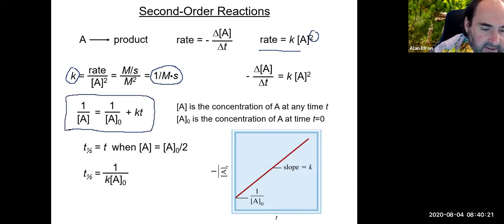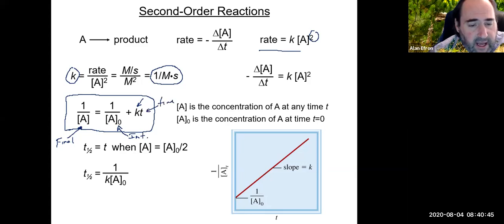This is our second order integrated rate law: 1 over A equals 1 over A naught plus KT. These are the same pieces of information as in the first order. This is our final concentration, this is our initial concentration, this is our rate constant, and that is again time.